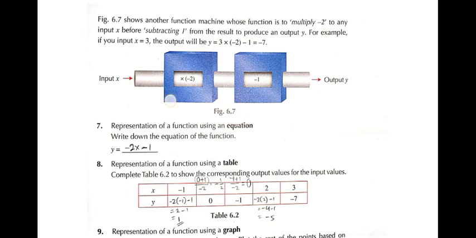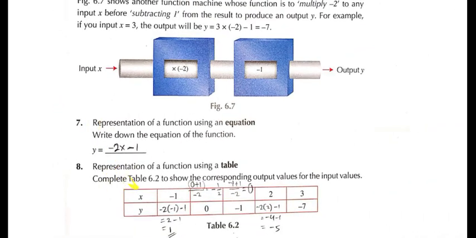So it means times -2 first and then -1. Now using equation, that will be this one. So y is obtained by using -2 times x, because the x times -2 is -2x, and then -1. Okay, and then the equation is done.